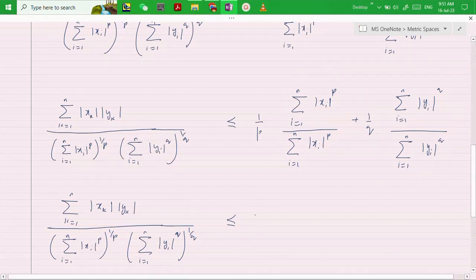So we have 1 by p plus 1 by q, and what is the condition? 1 by p plus 1 by q, in the beginning we suppose that that's equal to 1. This is our condition.